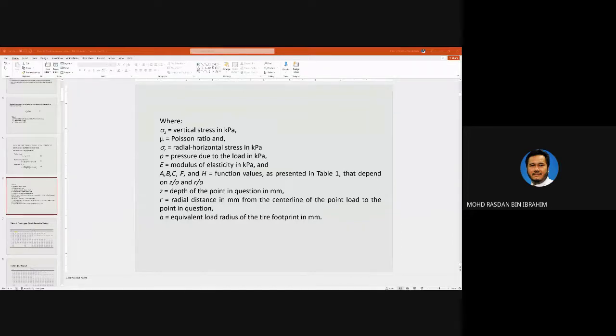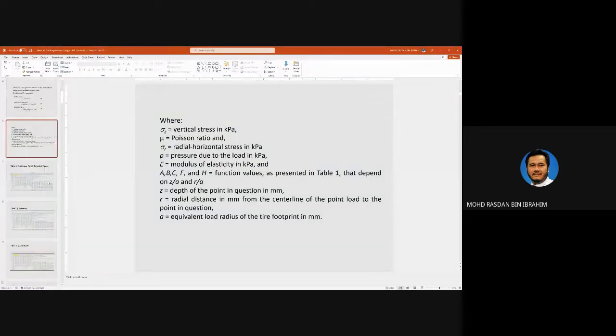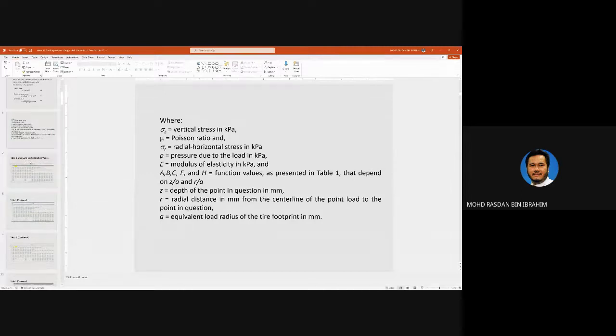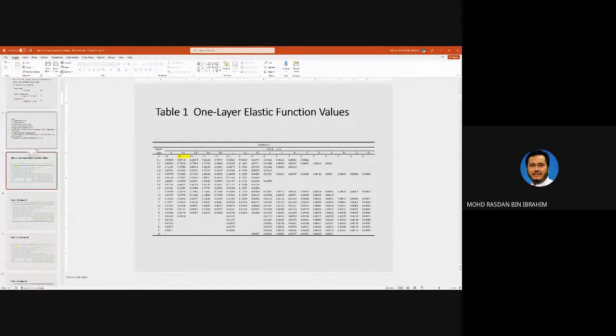All right. So to estimate the value of function A, function B, function C, function E, and function F, you need to use table 1 here.